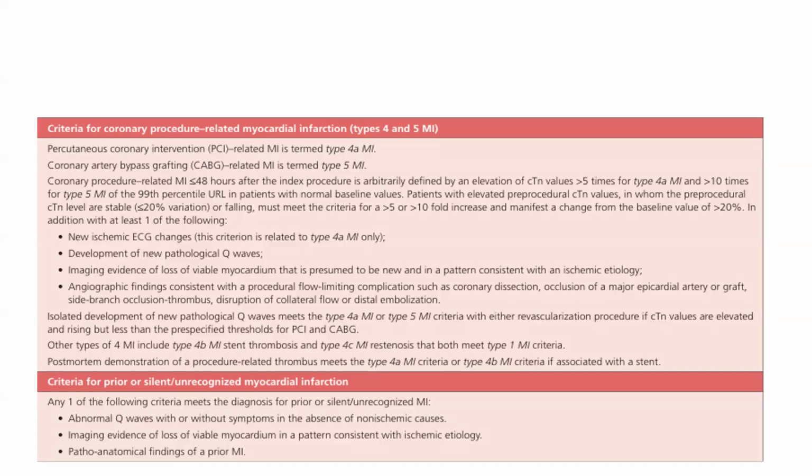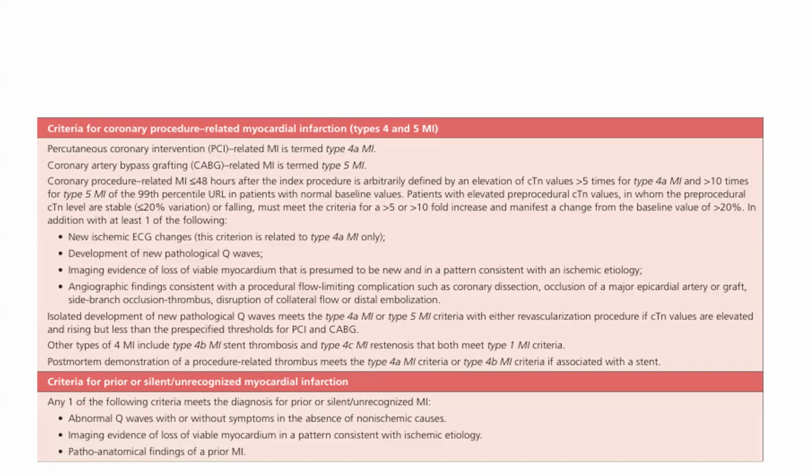Patients with elevated pre-procedural cardiac troponin values, in whom pre-procedural cardiac troponin levels are stable or falling, must meet the criteria of more than 5 or more than 10-fold increase, or a manifest change in baseline value of more than 20%.